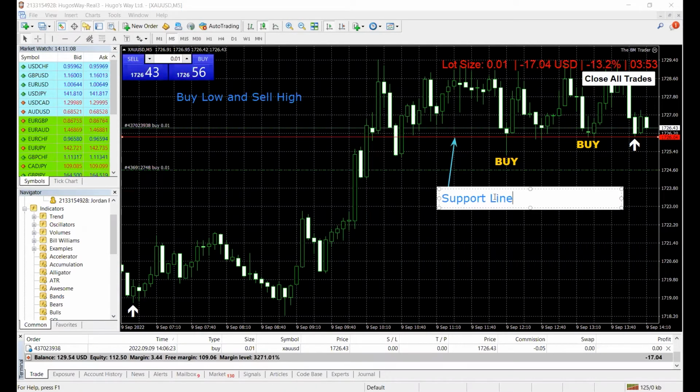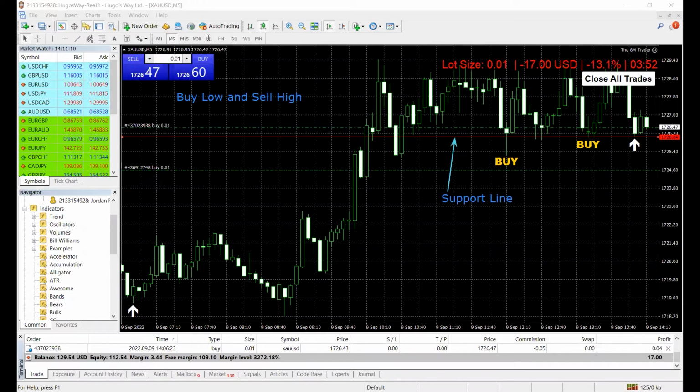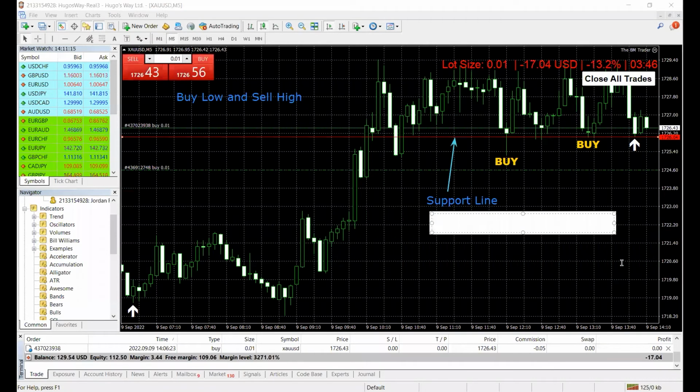Now, all we're gauging with the support line right here is that price refuses to break or move. Let me write that again. Price refuses to go past or go below this line.